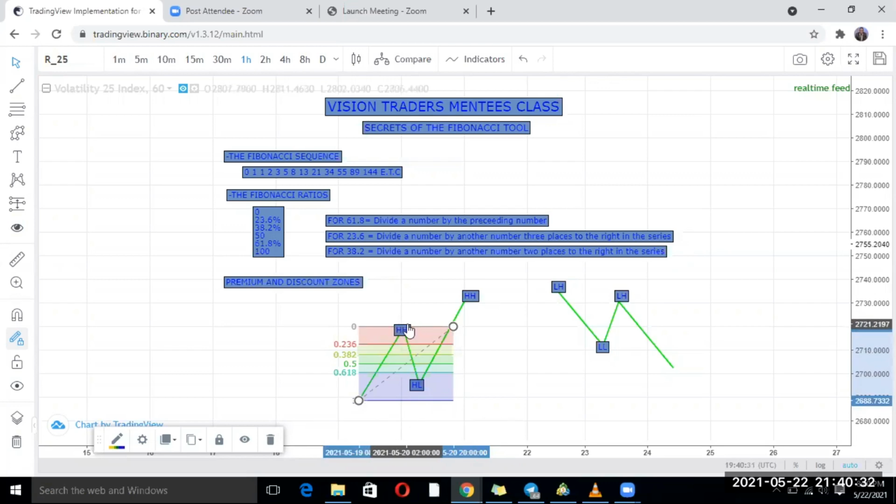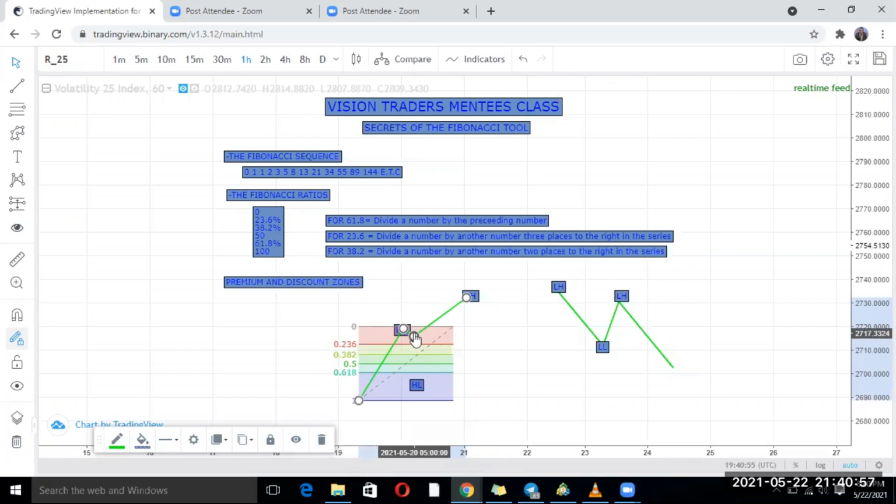So now, I want to catch this market because this market was at this point. Now, I can't just enter the market, but I've seen that the market has made a little bit of retracement at this level. So I will place my Fibonacci tool here, then extend it to the last low here.